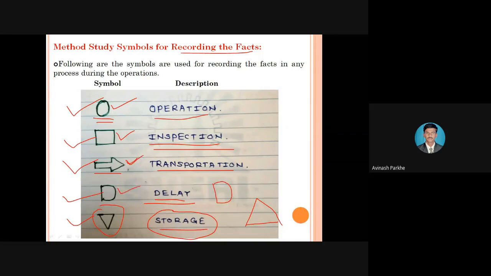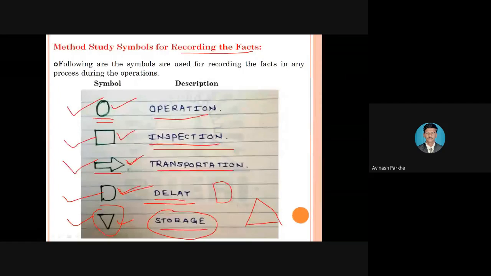Then delay means changing the tool, breakage of tool, changing the oil, changing the coolant. Such delays happening in the operation process are represented by the fourth symbol, a capital D. And once your product is ready and we have to move it from that machine to the storage device, that storage can be represented by this last symbol, which is called an inverted triangle.